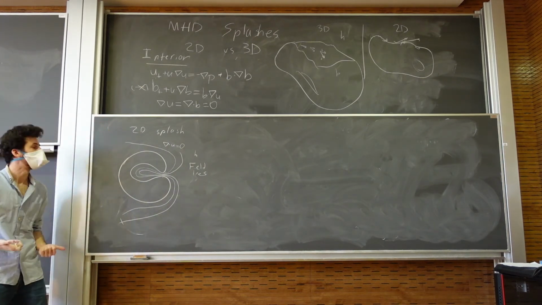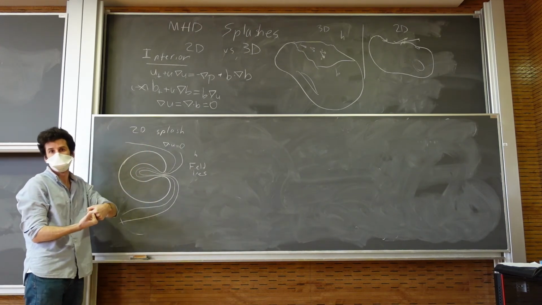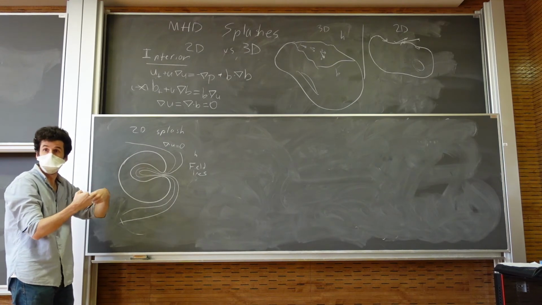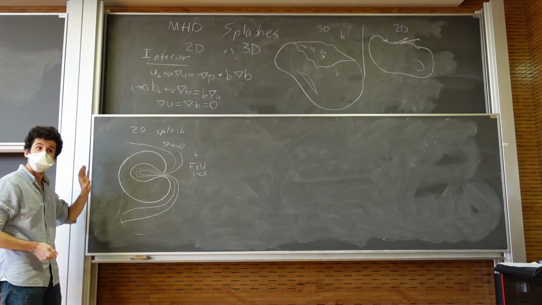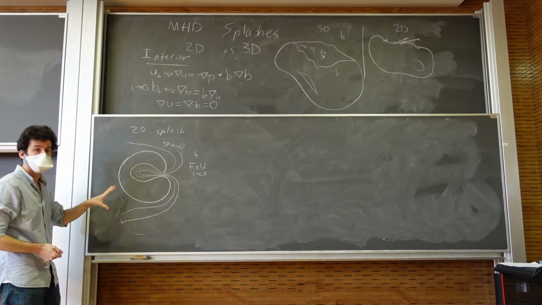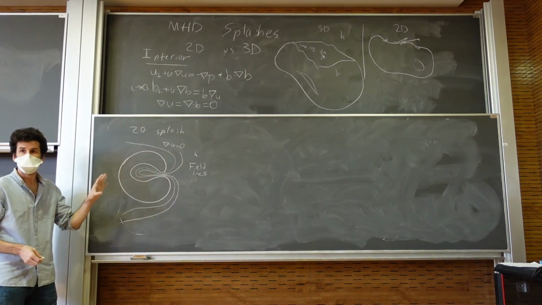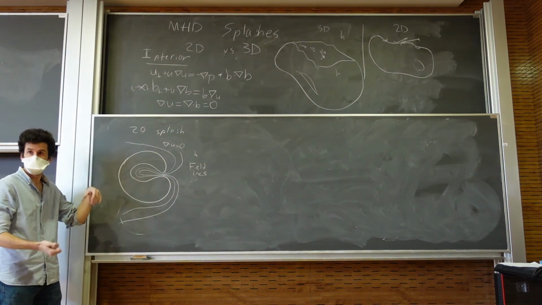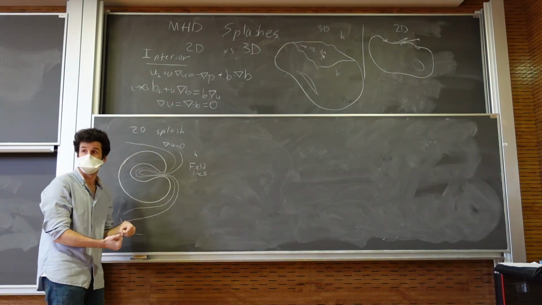Or is it the case that the splash is forming and the H field is merely collapsing in between the waves? And again, this is just a very heuristic discussion. You need to actually go through the details to verify what's happening. But I'm going to argue that in the 2D picture, the H field is collapsing, and so it's not actually putting up much of a fight to prevent a splash from occurring.